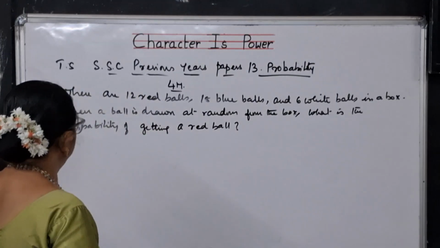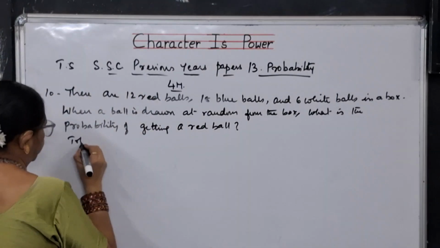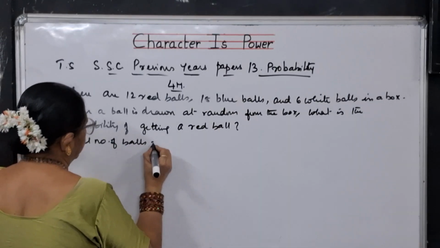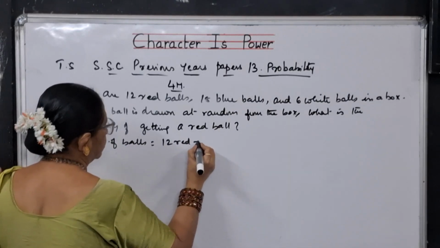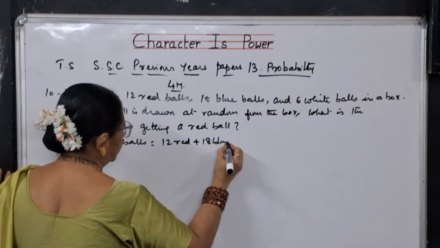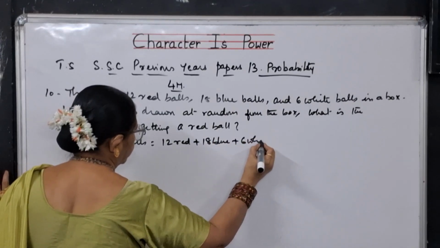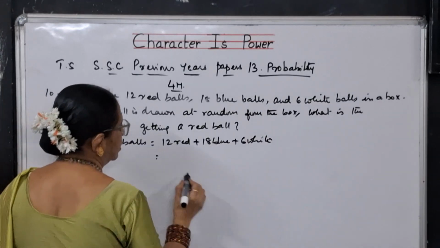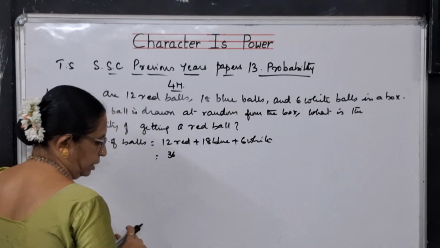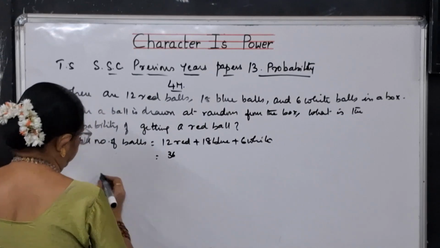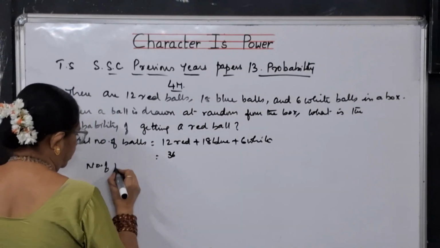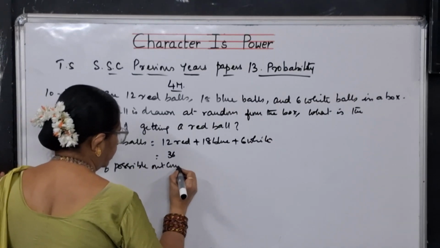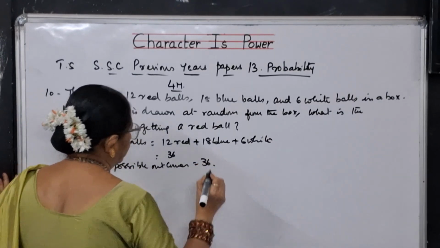This is the question. So, what is the total number of balls? It has 12 red balls plus 18 blue balls plus 6 white balls. So totally how much are you getting? 30 and 6, 36. So the number of possible outcomes is equal to 36.